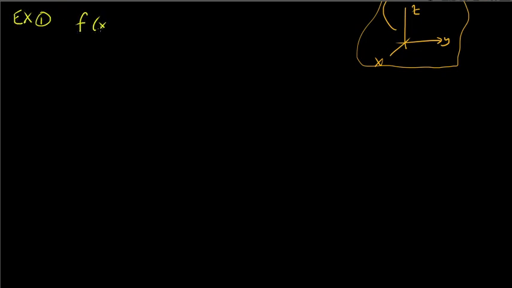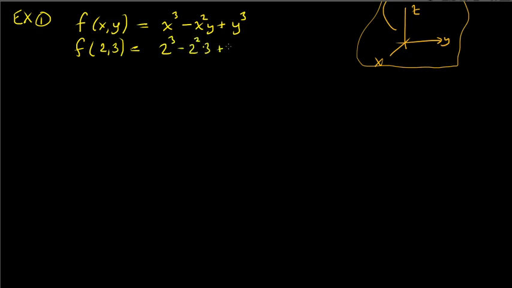If we take a scalar function, which is not a vector, let's say it's just x cubed minus x squared y plus y cubed. Okay, so yes, scalar function. You plug in a number, you get a number. Or you plug in, let's say, a set of numbers, and then you get a number.